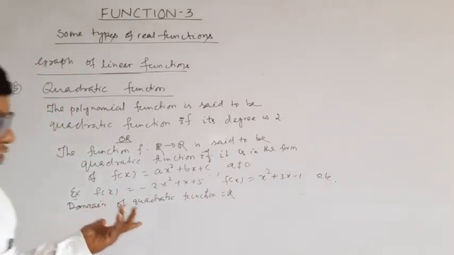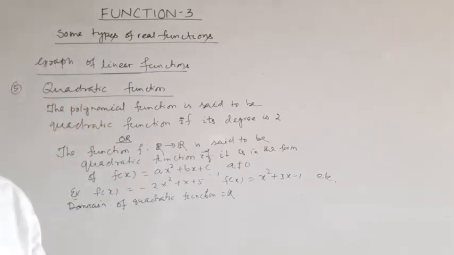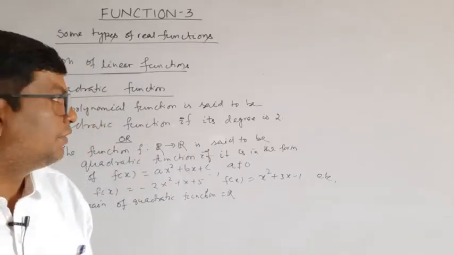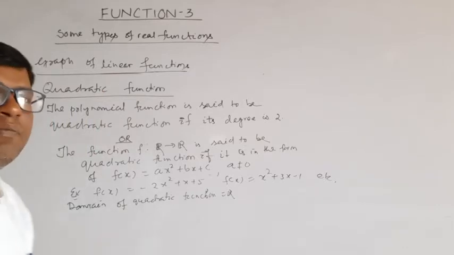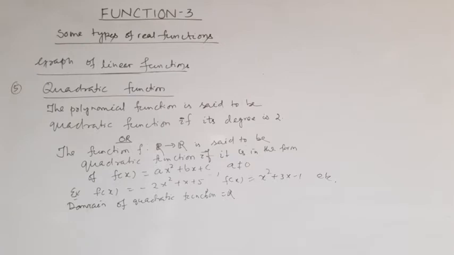Now, what is the graph of a quadratic function? The graph of the quadratic function represents a parabola. Its graph name is what? Parabola.